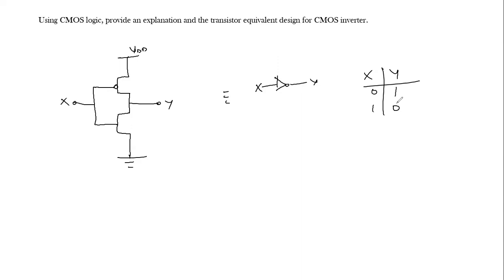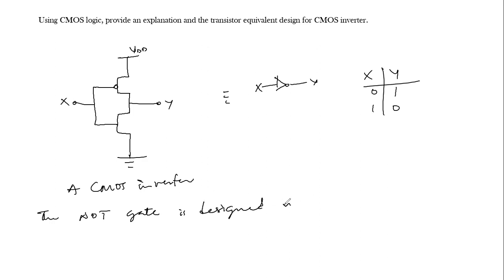So what's the simple explanation? This is a CMOS inverter, okay? So here, the NOT gate is designed using 2 transistors, right? As we can see, 2 transistors.